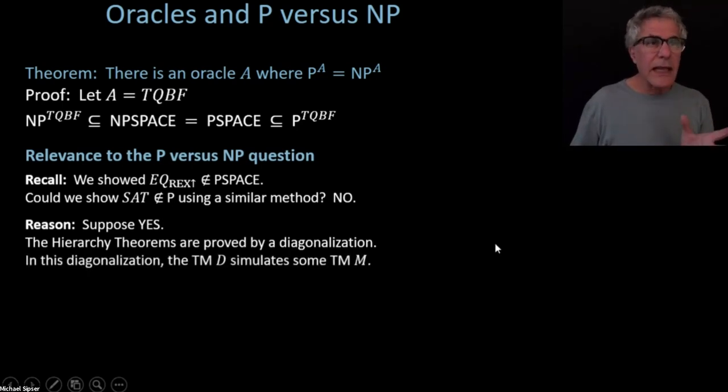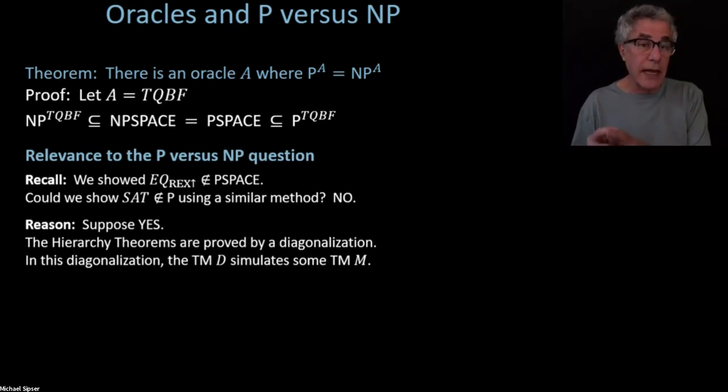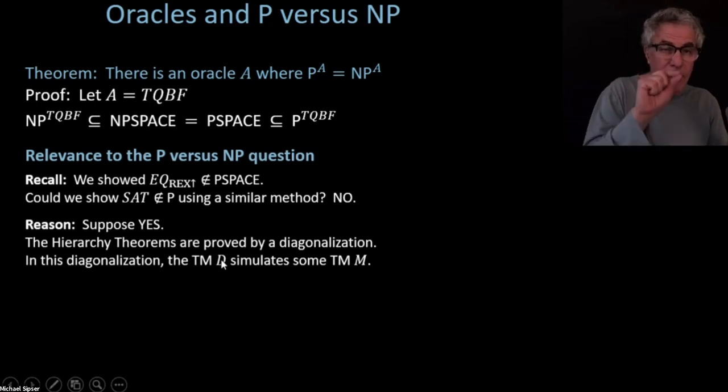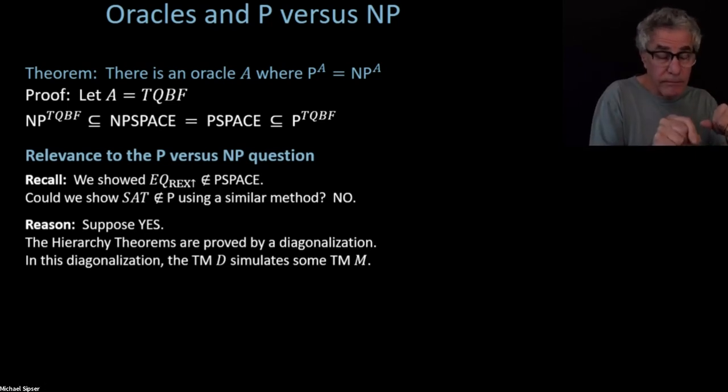What I mean by that is that in the hierarchy theorem, there's a machine D, which is simulating some other machine M. Remember that we made a machine which is going to make its language different from the language of every machine that's running with less space or with less time.